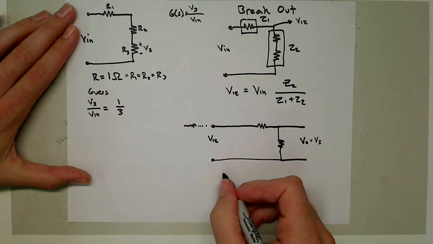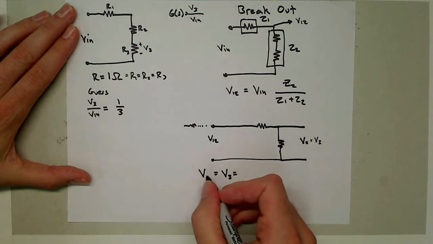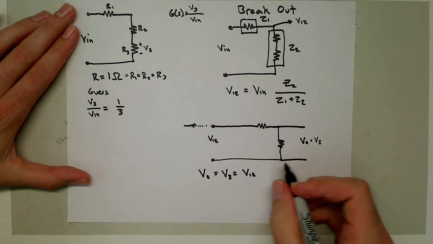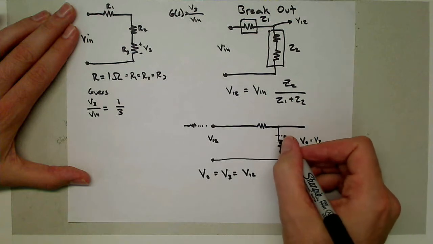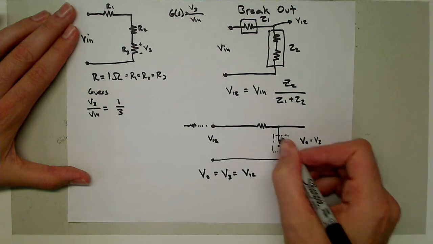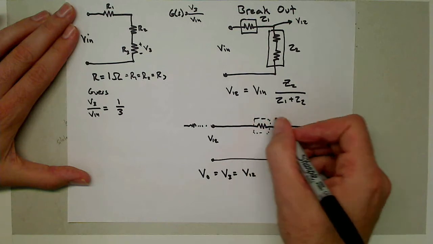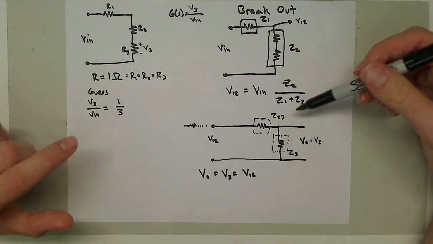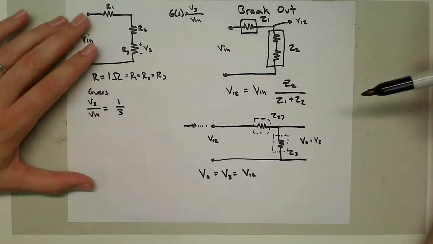So now I can say that V3, or V out, is equal to V12 times this, which I'm going to call Z3, and this, which I'm going to call Z23. I apologize for all the labeling. I just want to keep it as abstract as possible, but I'm going to substitute back in all these impedances.